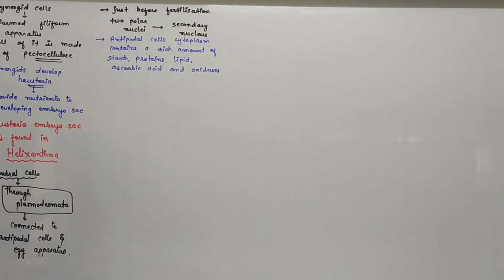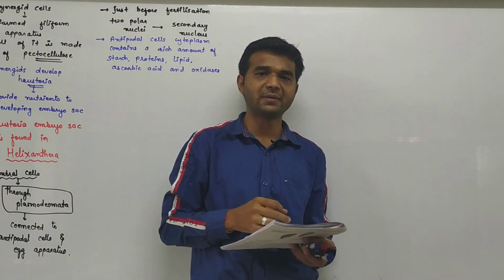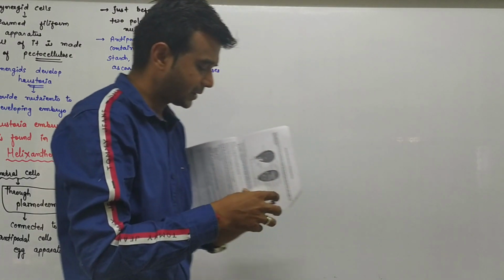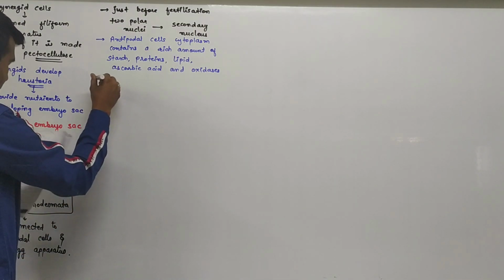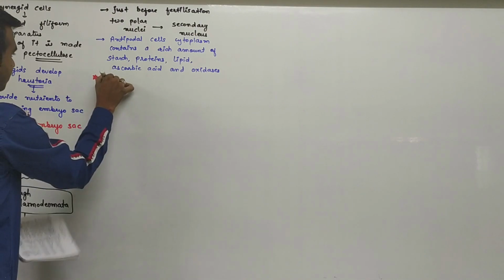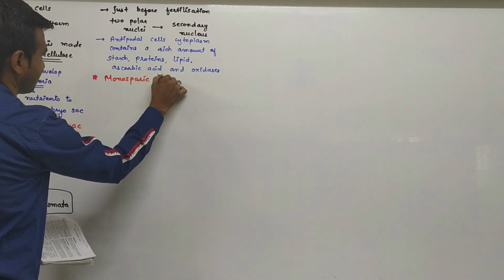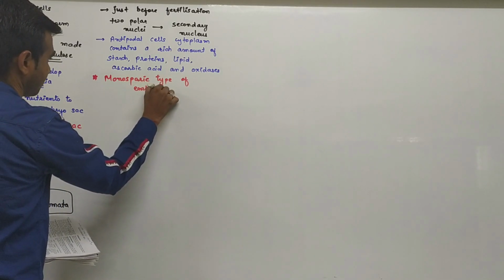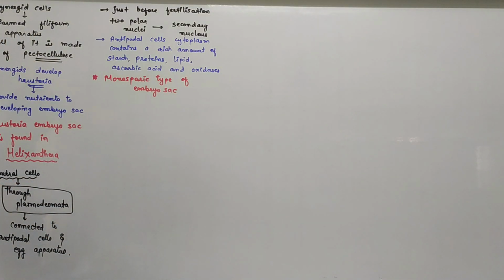Yesterday I told you that Panchanan Maheshwari stated that there are three types of embryo sac development: monosporic, bisporic and tetrasporic. We have discussed the monosporic type.